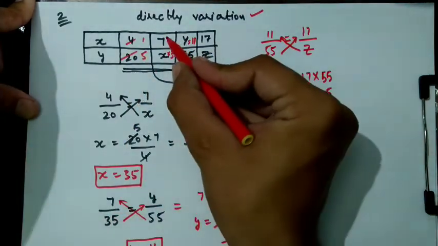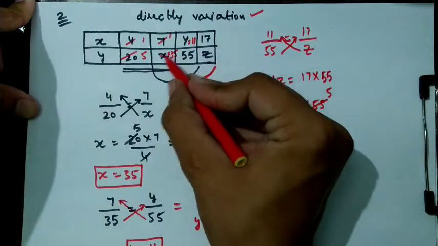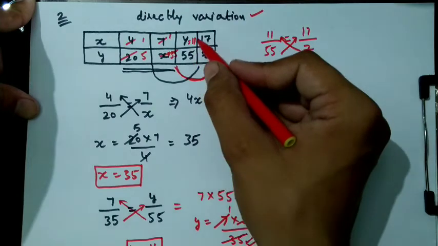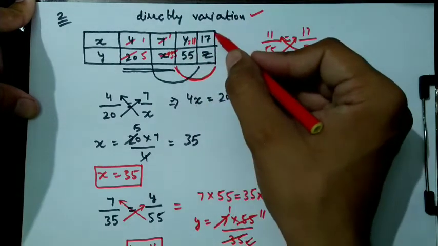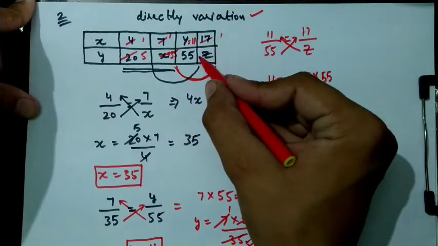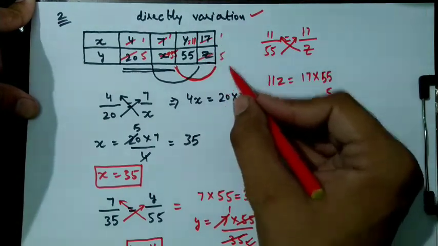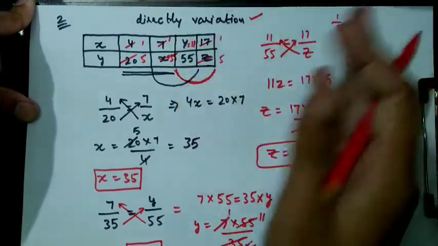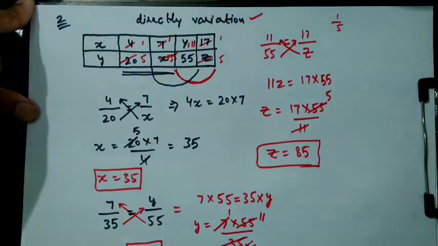If you divide 7 by 35 you will get a ratio 1/5. Again 11/55 you will get 1/5, and 17 over 85 you will get again 1/5. It means you will get 1/5, 1/5, 1/5 in all the cases. So it is a direct variation, right?